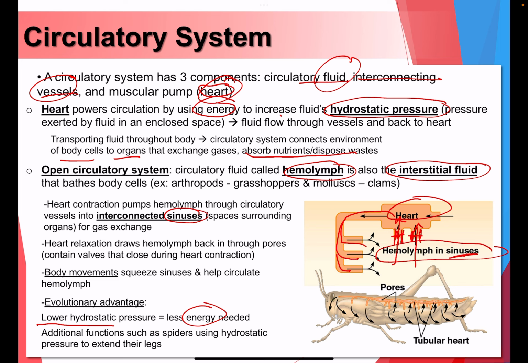Now, additional functions also go with an open circulatory system, because something cool about the system is that they don't just work for distribution of nutrients and disposal of waste. For some animal species, they have other functions. For example, spiders can use this hydrostatic pressure from the open circulatory system to extend their legs, which is a pretty cool thing, because the way they move is very different compared to humans.